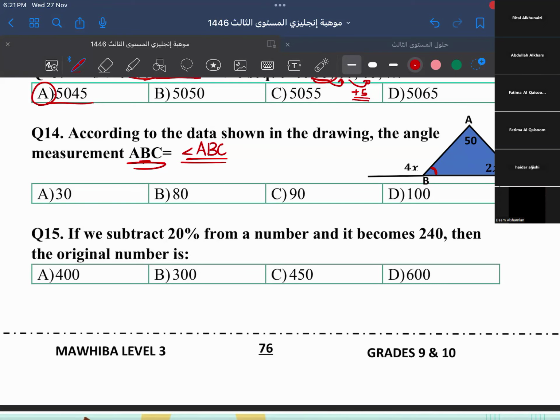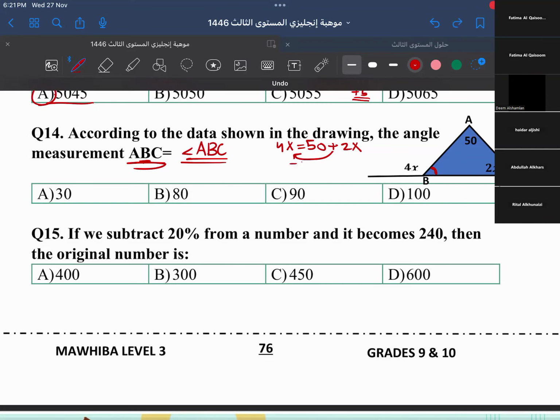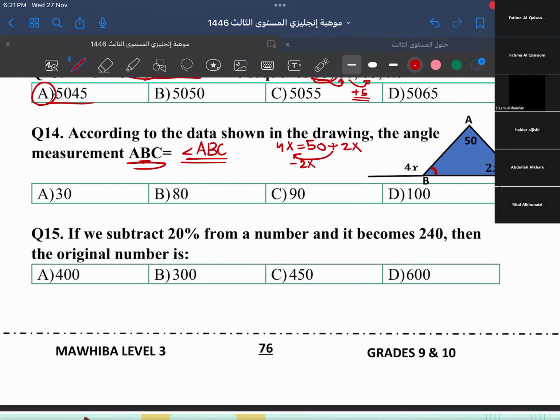So we know the formula of an exterior angle. It's 4x equals 50 plus 2x. Yes, 50. Excellent, ممتاز. And then we do minus 2x on both sides. We get 2x equals 50. Exactly. So 2x equals 50, and we divide by 2 on both sides. x is 25.